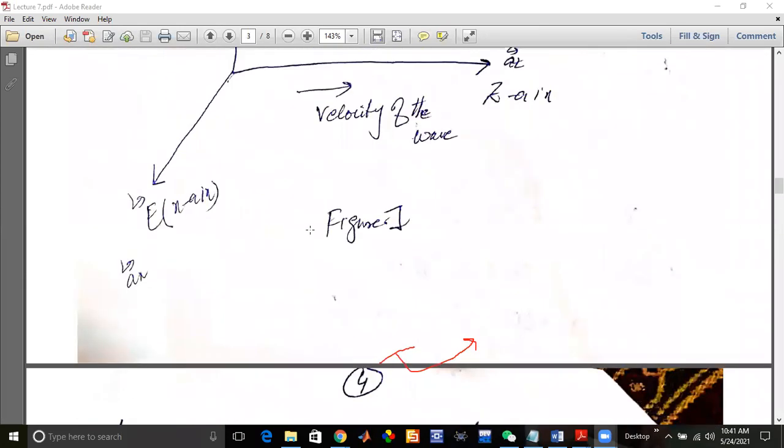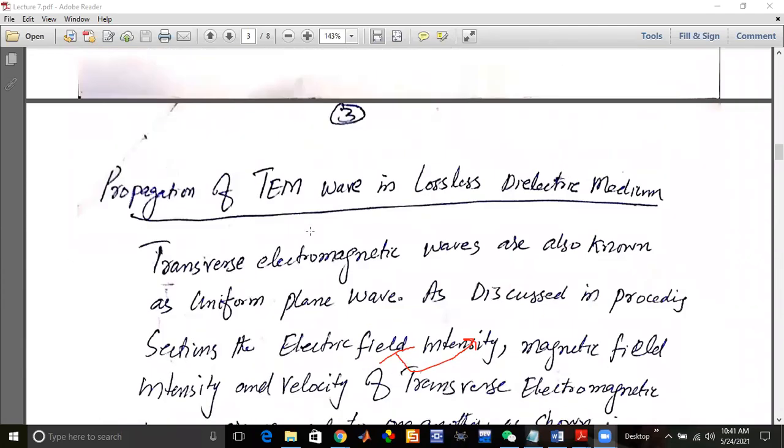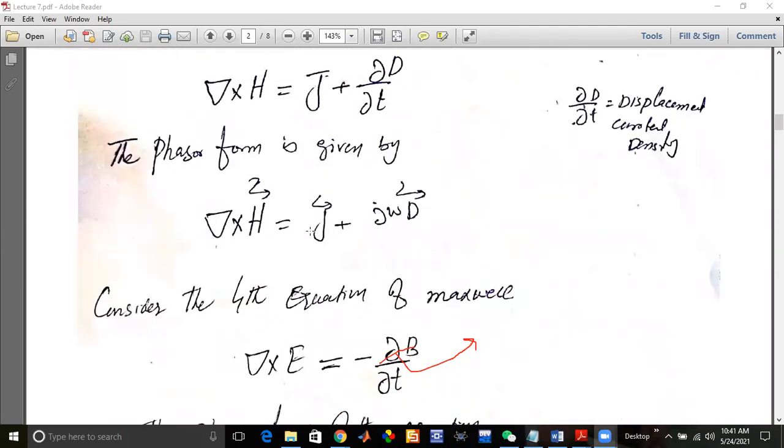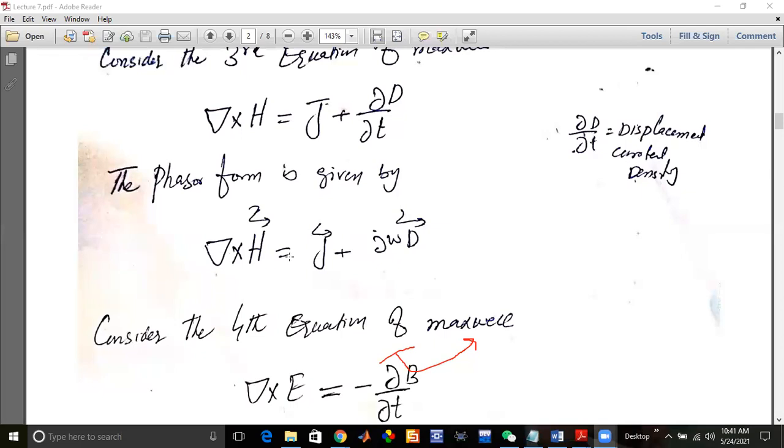What is the curl of H? The curl of H is J plus j omega D. This J is the current density and this is the phasor.